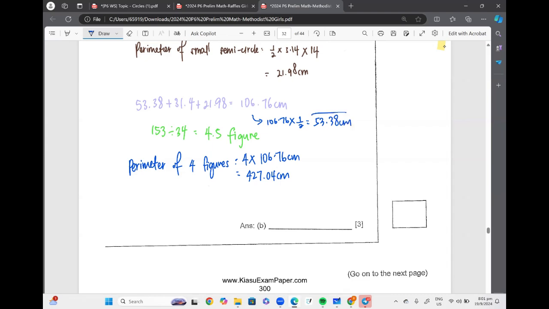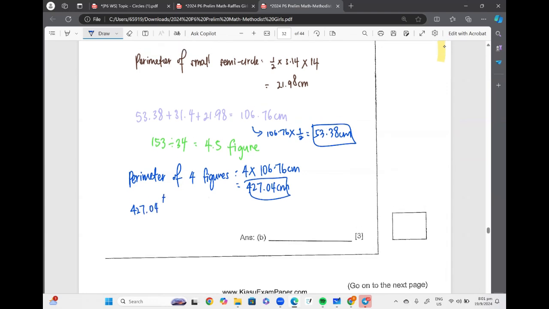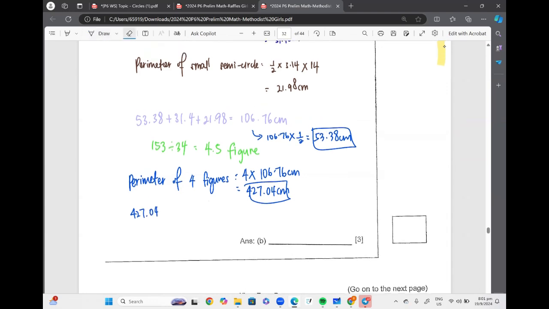Then I just have to add this to this, which I will get 427.04 plus 53.38 equals 480.42 cm. Clear? But this is not my answer.